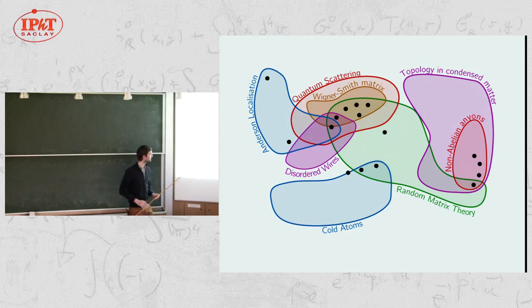There are 2 main parts. The first one, which is mostly what I did during my PhD and kept doing during my postdoc, is on random matrix theory. And the second part will be some of these works here in topology in condensed matter. So let me go step by step through this picture, and I will keep coming back to this picture for the rest of the talk.